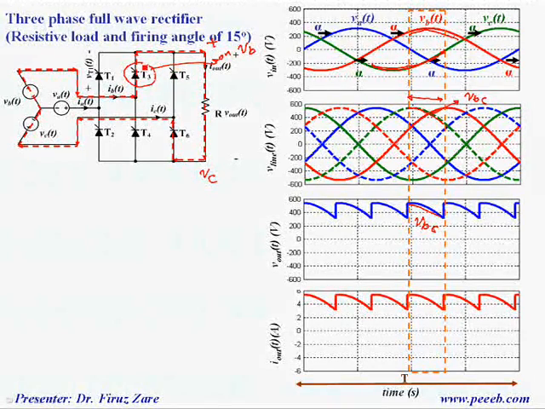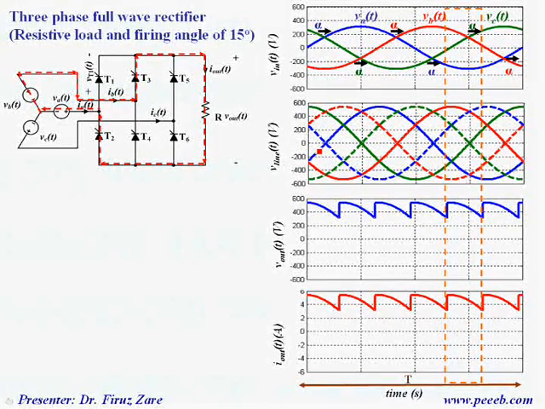And this is the current loop. We turn on this thyristor, so the current passes through this thyristor and back to this thyristor and then back to phase C. In the next interval, we turn on this thyristor in the lower group.